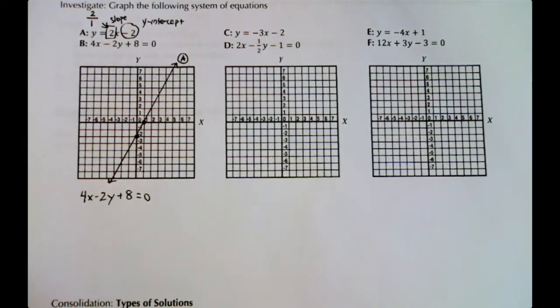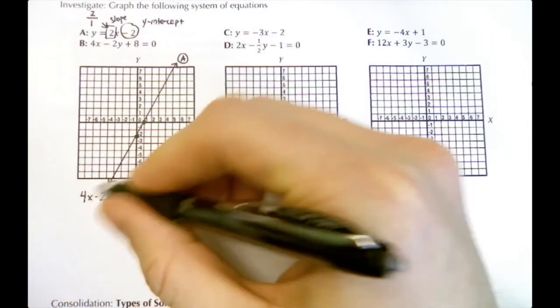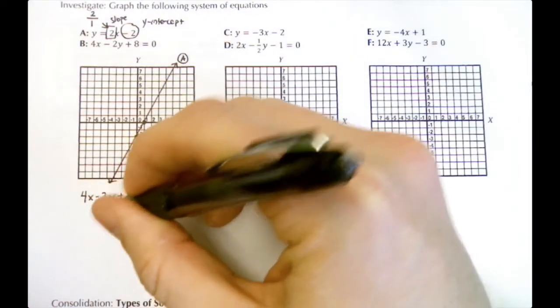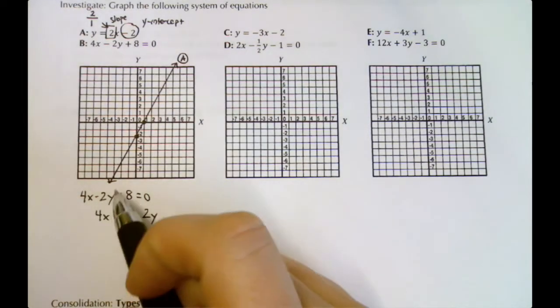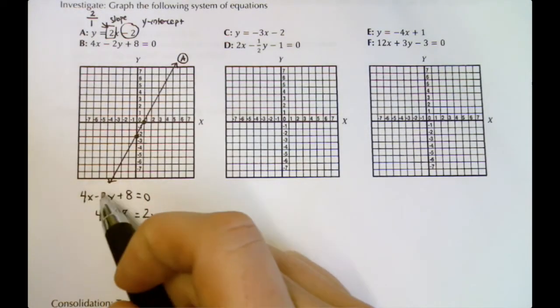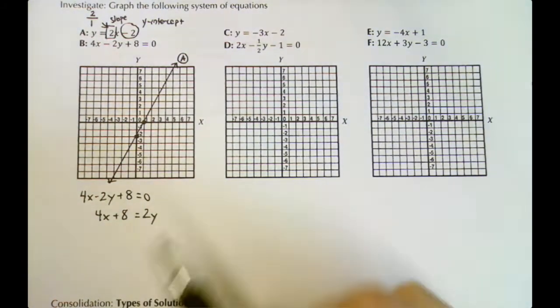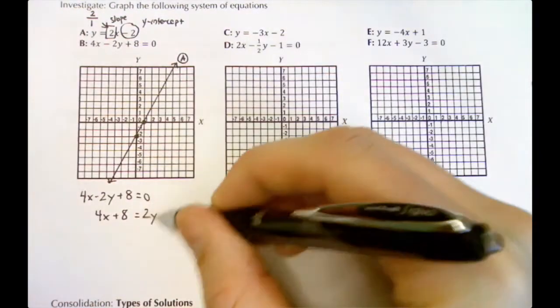So our goal is to get y by itself. If y is negative in our equation, I usually move it to the other side to make it positive. It makes the isolating a little bit easier, because now we have 2y equals 4x plus 8. That's by adding 2y to both sides. We get rid of the negative 2y, or take the negative across the equal sign and turn it positive. Either way you want to think about it, we end up with this equation. We want to say y equals, right now it says 2y equals.